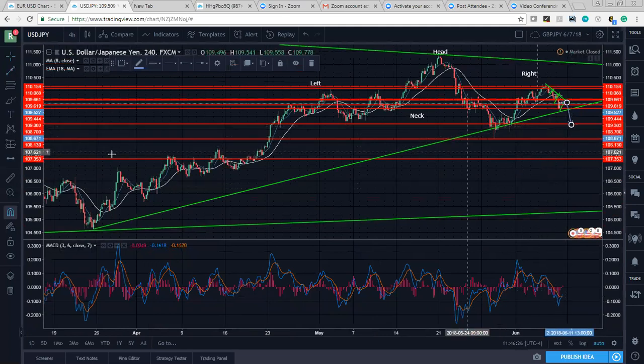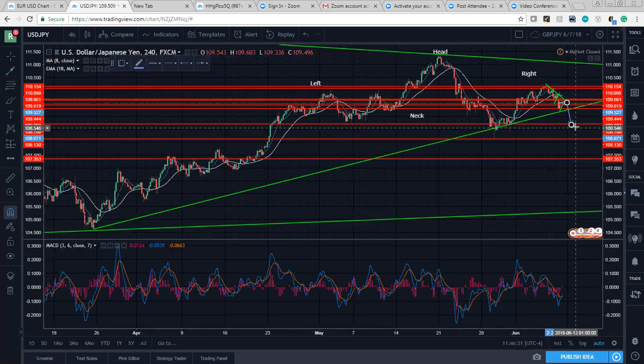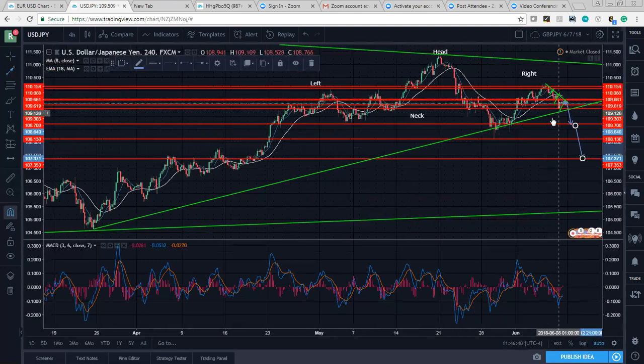Then what we can expect to see is for price to continue down. This may be just one movement, but price continues down just like this. Complete the head and shoulders pattern, break through the neckline, and then fall like crazy.